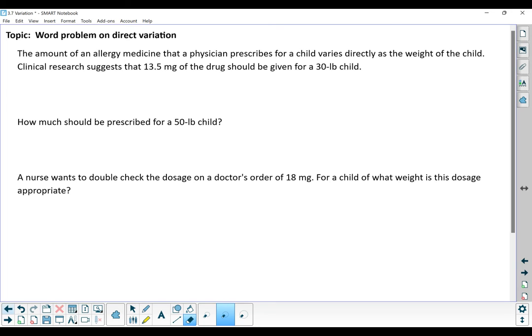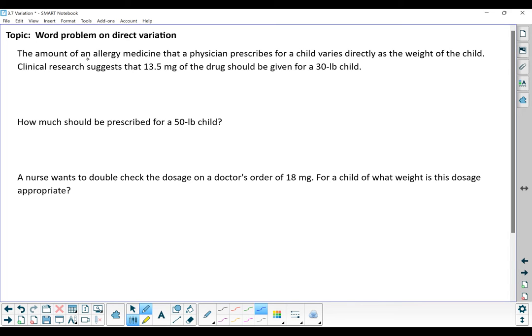prescribes for a child varies directly as the weight of the child. Now, personally, I like to use letters and variables that correspond with what they stand for, just to help me keep track of everything. So I personally don't like to use X and Y here, but you could if you like. I just think it's easier to keep track of things if I use other letters.